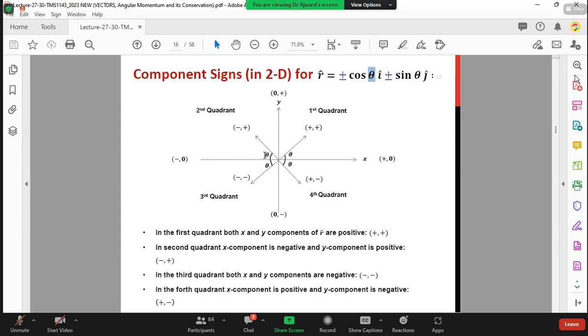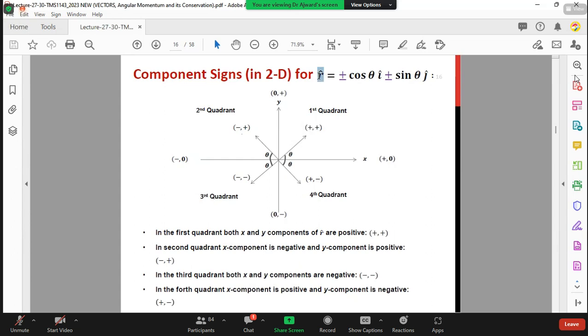But depending on which quadrant you are in, if you're in the first quadrant, both cos theta and sin theta of your r hat are positive. If you are in the second quadrant, your cos theta is negative, sin theta positive. So it is the same as the components.